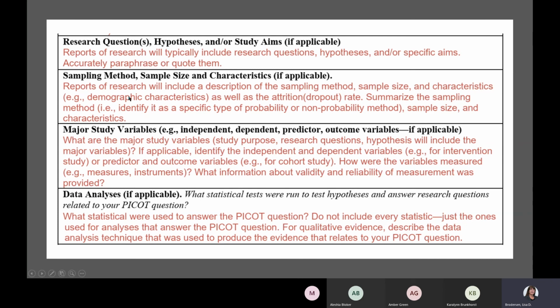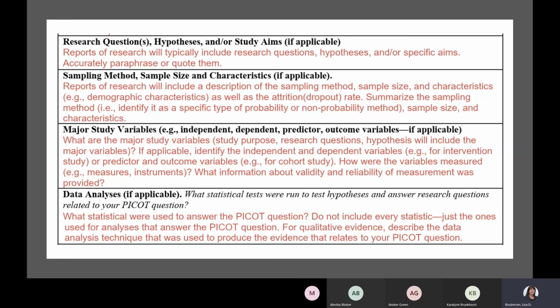But for a report of a single study, how did the researchers create the sample from which they collected data? Did they use a random sampling method, or did they study a sample of people who were conveniently available to them? So this section is going to require you to think back to your undergraduate research course and the types of sampling designs that are used.